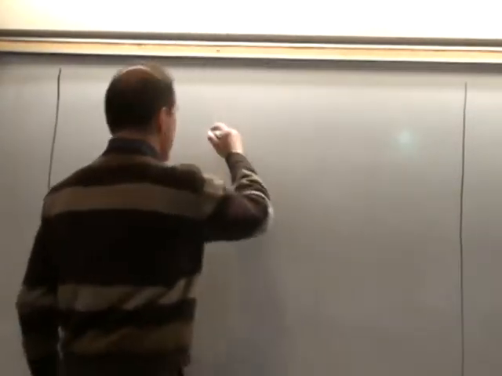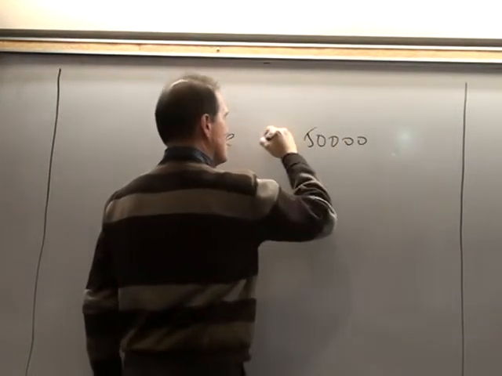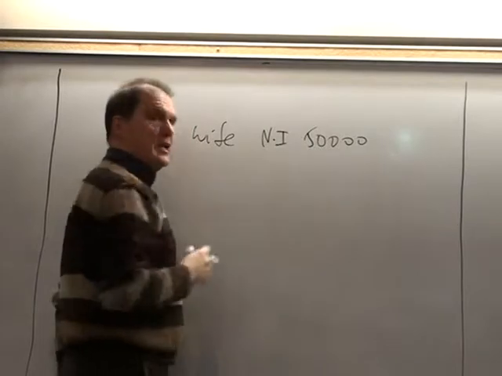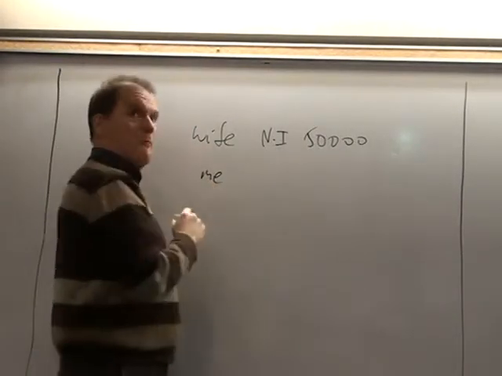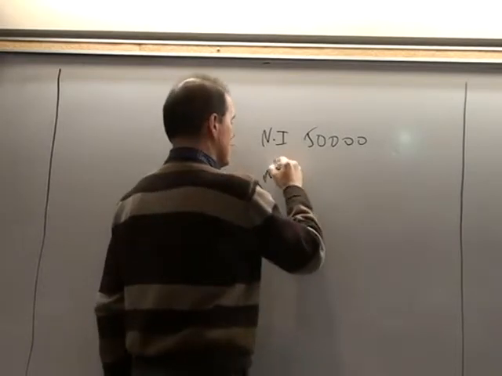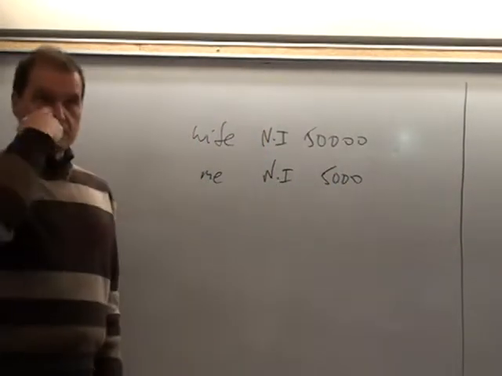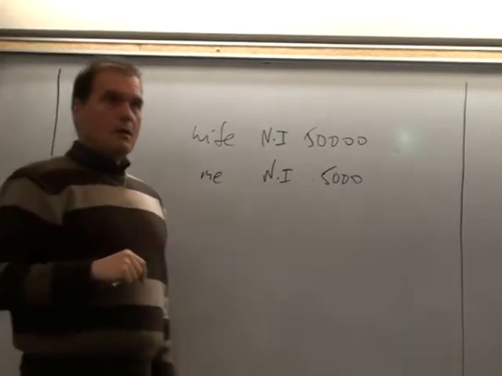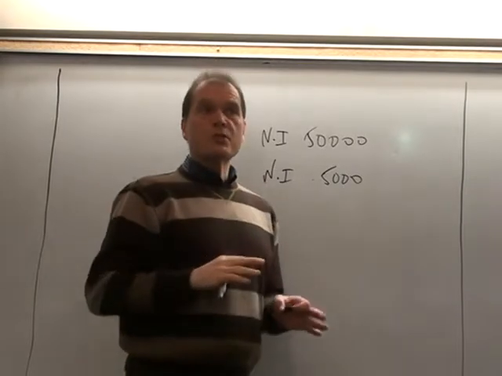So this is my wife. Her net income is $50,000. My net income is $5,000. So on her tax return, she's claiming the spousal credit for me.